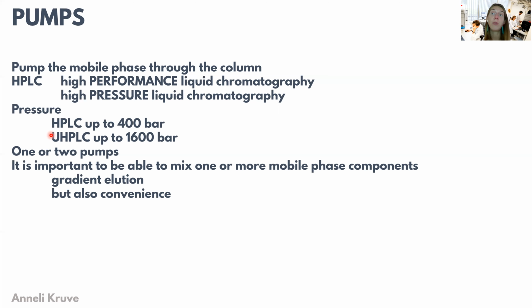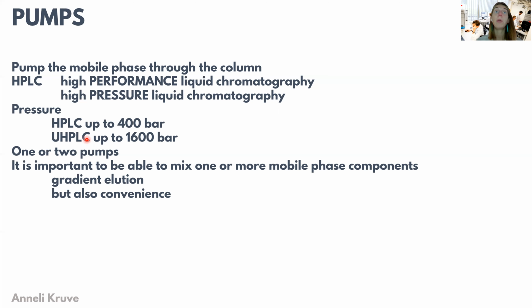And the key to that is having even smaller particle size in the columns that we are using in the chromatographic separation. However, the smaller particles also cause higher pressures that are needed for pumping the mobile phase through the column.